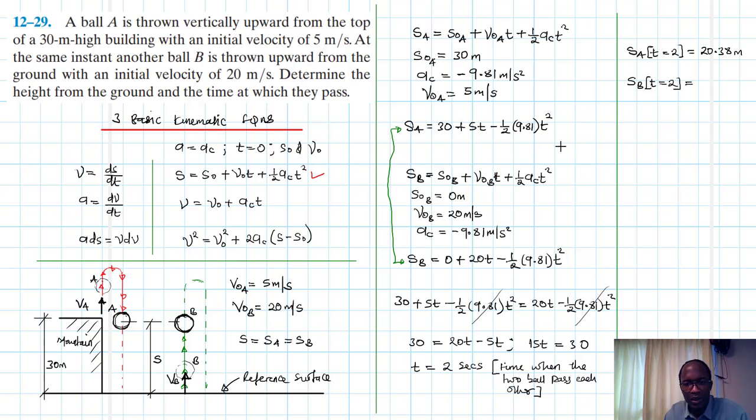Of course, this is the equation here. Plug in 2: 20 by 2 minus 0.5 by 9.81 by 2 squared. We find the same, and we are supposed to find the same.